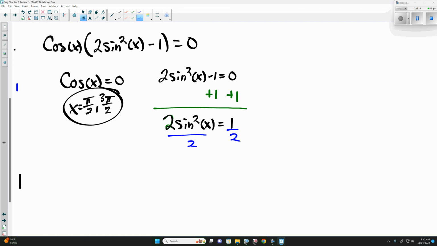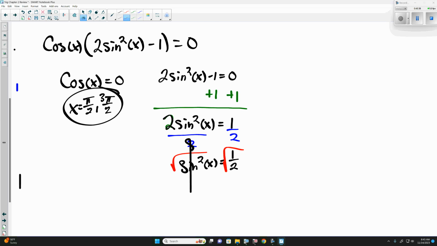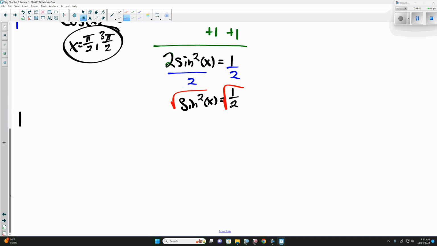Divide by 2. So sine of x equals plus or minus square root 2 over 2.